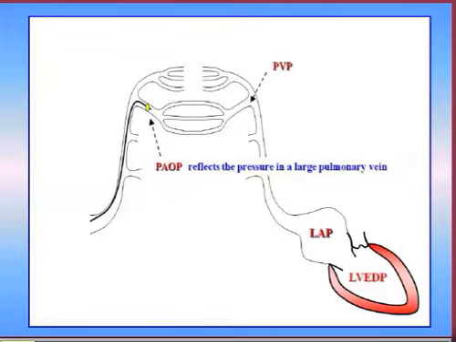So there is no flow, there is no resistance, there is only a pressure which is equal along the vascular segment until the location where blood flow resumes. Therefore, PAOP, in fact, reflects the pressure in a large pulmonary vein. So it should reflect the pressure in the left atrium and should reflect the left ventricular end-diastolic pressure.